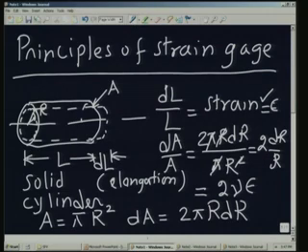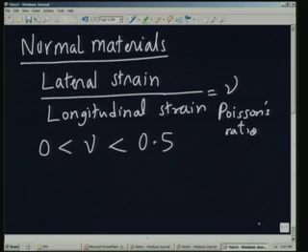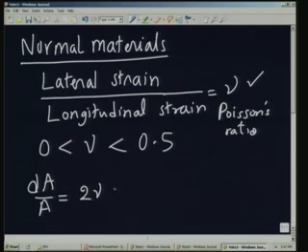So, if epsilon is the strain in the longitudinal direction given by dl by L, then the strain in the area is given by 2 nu times epsilon. So, with the Poisson ratio introduced here, we have dA by A equal to 2 nu times epsilon, where dl by L is equal to epsilon.